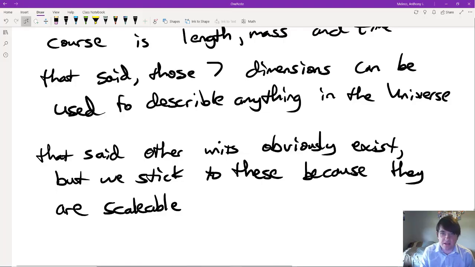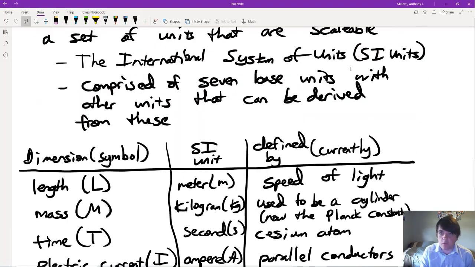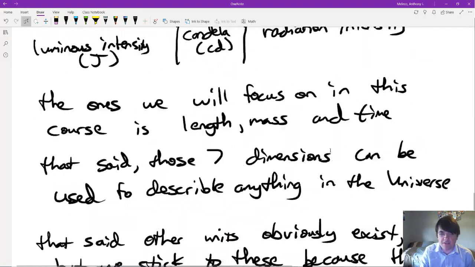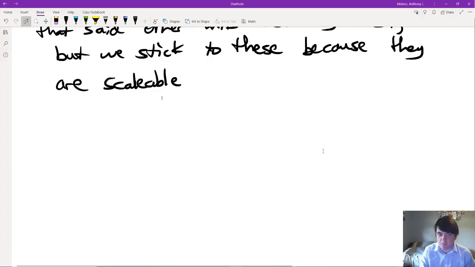So that's what I said before, right? You're trying to study things that are large and small. They need to be easily scalable. Otherwise, there's no point in using them.